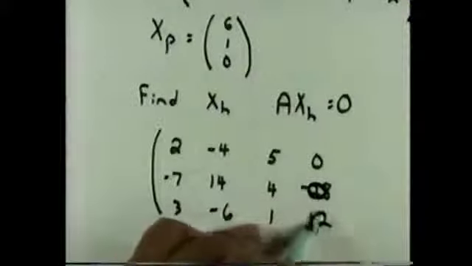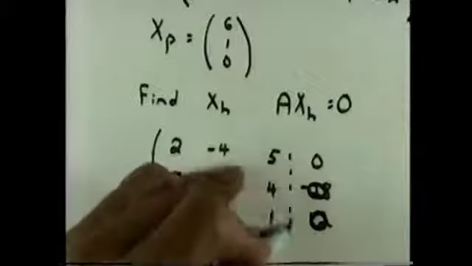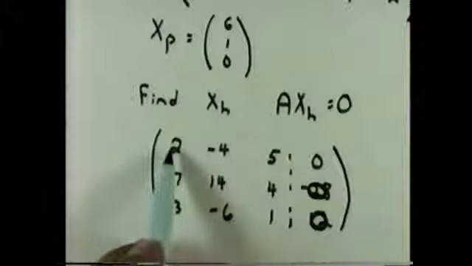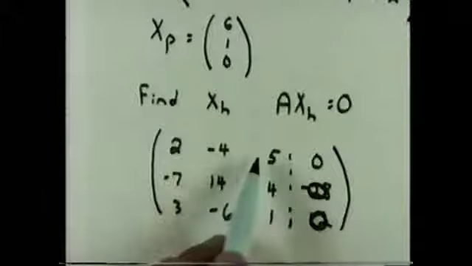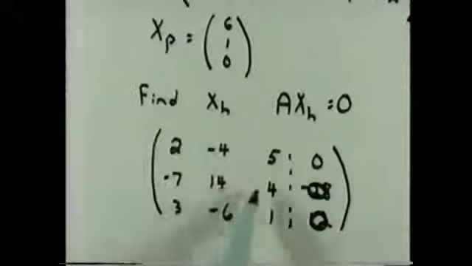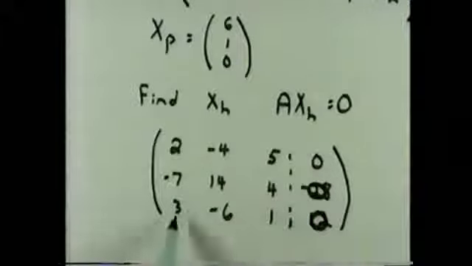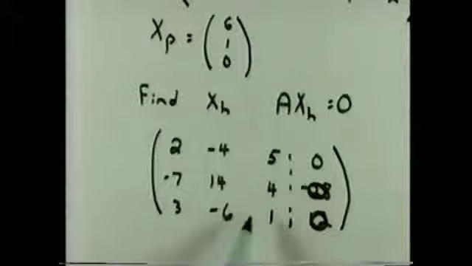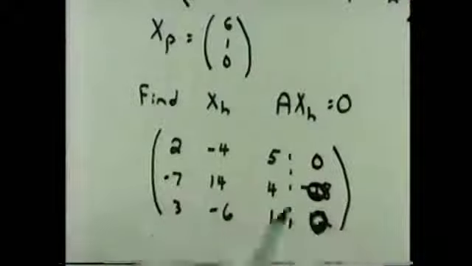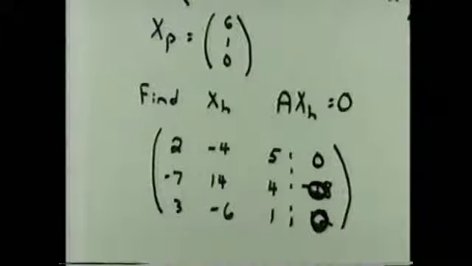I was doing the same one again. These are zeros because I'm doing a homogeneous system now. So the constants were zeros. 2x minus 4y plus 5z is equal to 0. Negative 7x plus 14y plus 4z is equal to 0. 3x minus 6y plus z is equal to 0. So just replace the constants by 0. That's your homogeneous system.